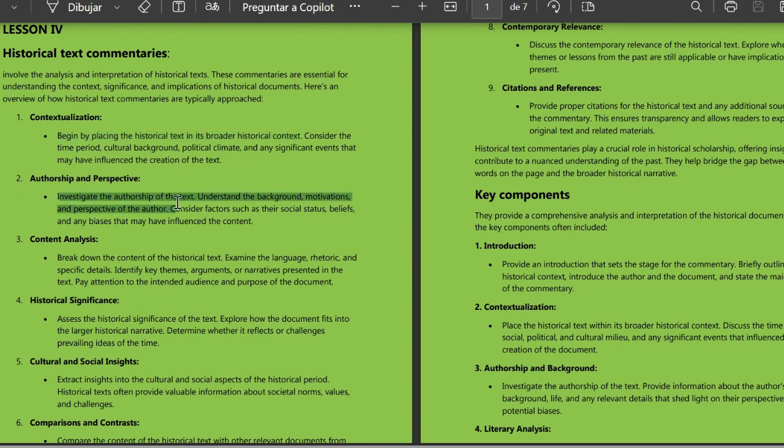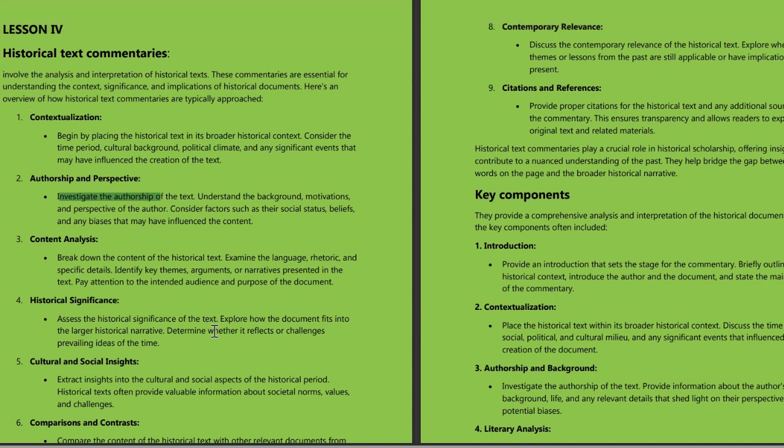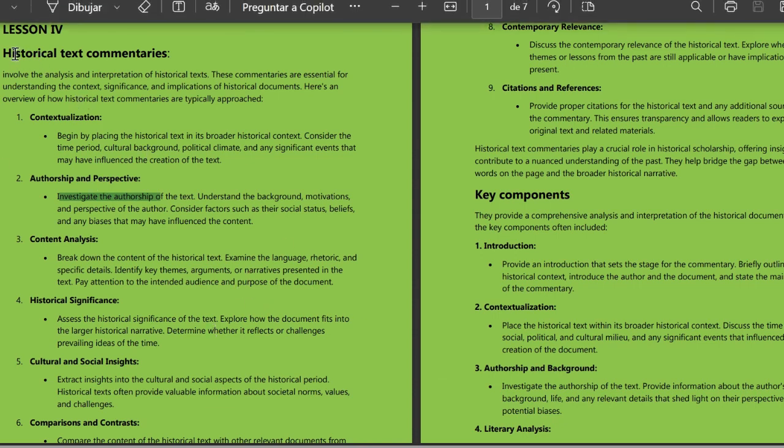Investigate the authorship. Remember the previous lesson, lesson 3, we were talking about literature analysis commentary, and I told you when you are talking about the author, place, etc., you will be doing an investigation. Well, continue your investigation, but this time in a historical context, right?